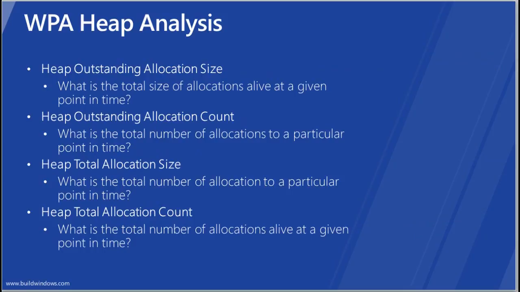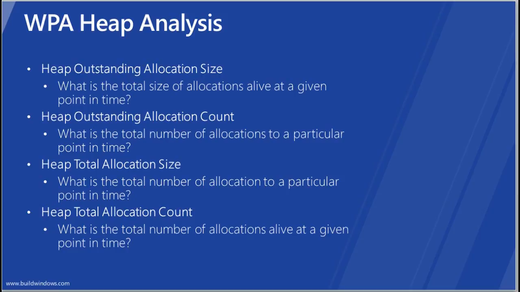In WPA, there's going to be a number of heap graphs. Heap data is rather complex, and to help simplify our understanding about what's going on, we have different ways to represent that data graphically.